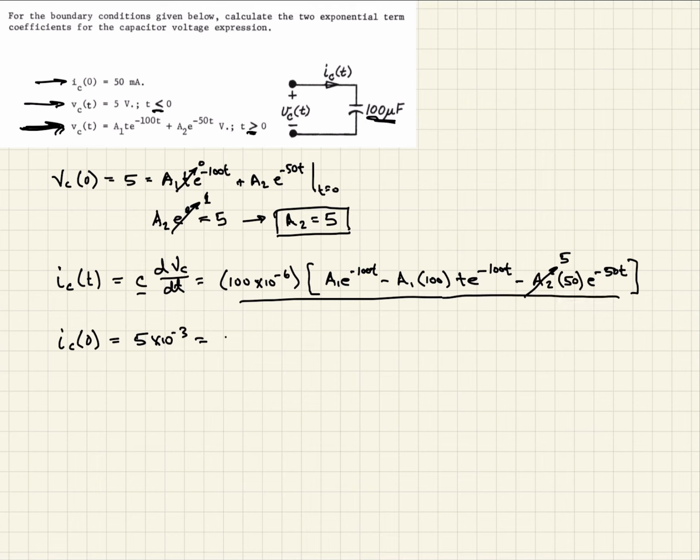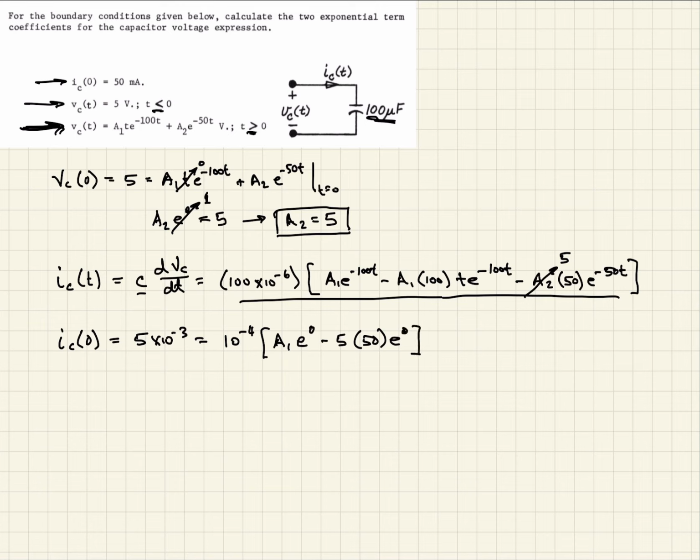What we get then is 10 to the minus 4 times A1 times e to the 0, and this term is going to be 0 because t is equal to 0, minus 5 times 50 times, again, e to the 0.